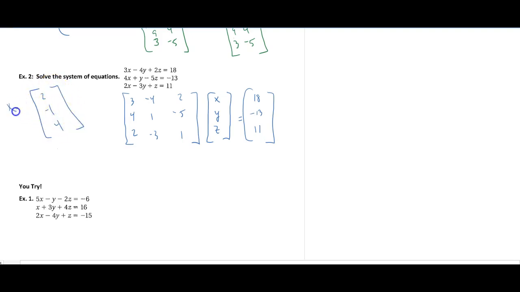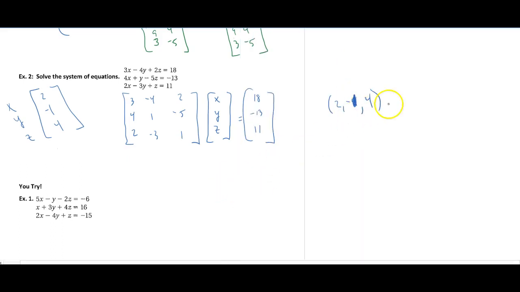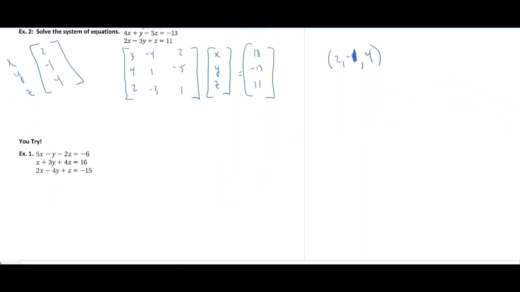What you have to understand is that's x, that's y, that's z. So our ordered triplet would be 2, -1, 4. So using matrices to solve 3 by 3s is much easier.